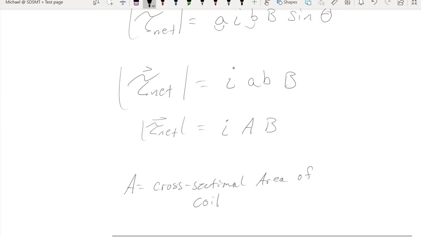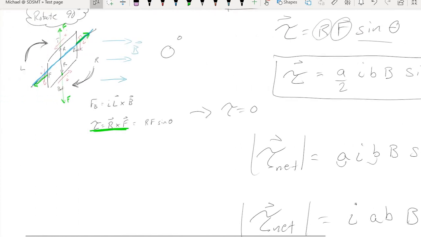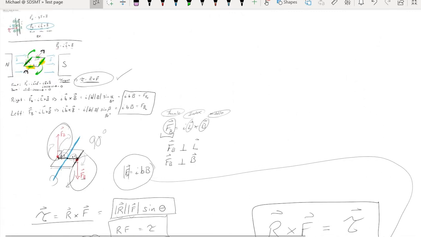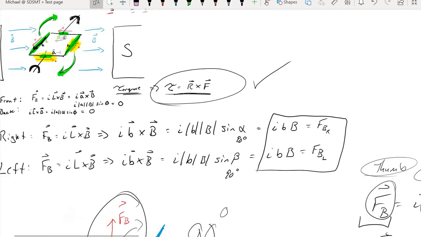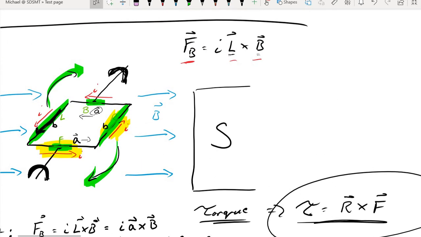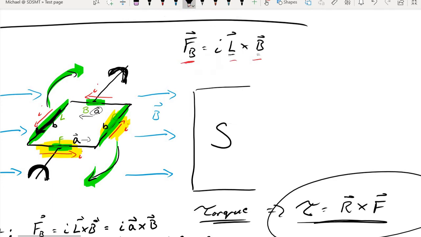If you remember, in past chapters, we have used the cross-sectional area as a vector. If we look back at our original picture, the area of this loop, I'll use pink to highlight the area of this loop.